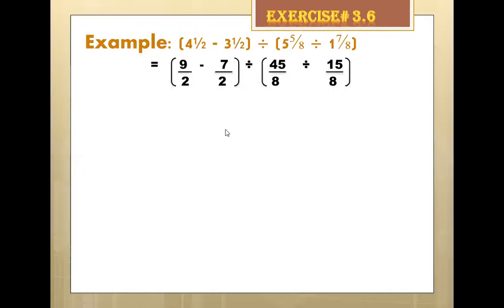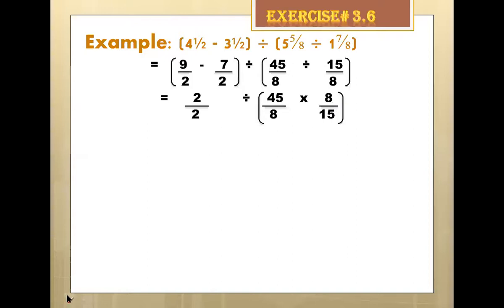Let's see how. 9 minus 7 will become 9 minus 7 upon 2, and 2 upon 2, your denominator will remain the same, divided by this. Now, after reciprocal, what will it become? Here you have 45 upon 8. The sign of division will be converted into the sign of multiplication, and it becomes 8 upon 45, and 8 upon 15.